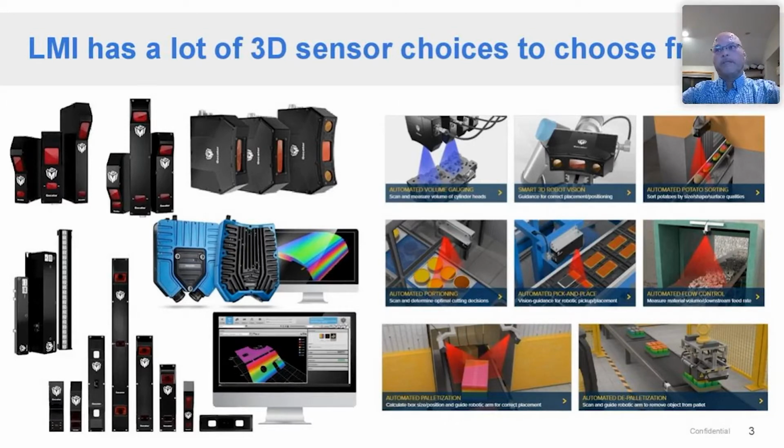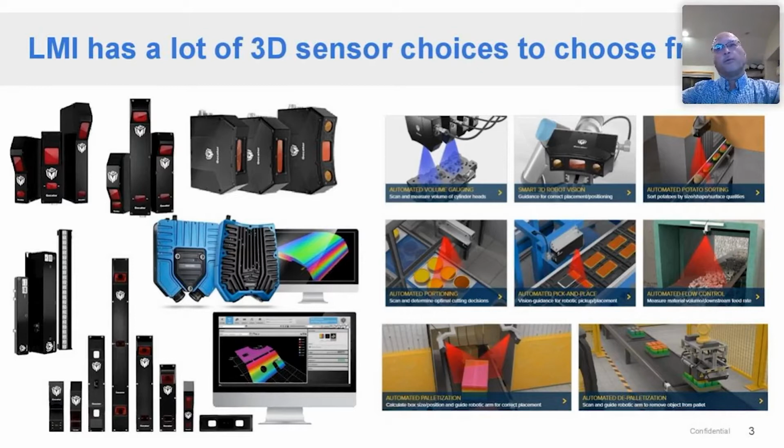We have single points, we have multi-dot sensors. There's a lot of different choices and a lot of different applications. And so the intent of the pyramid of greatness is to be able to narrow you down and select the right technologies for your job and help you build that complete solution.